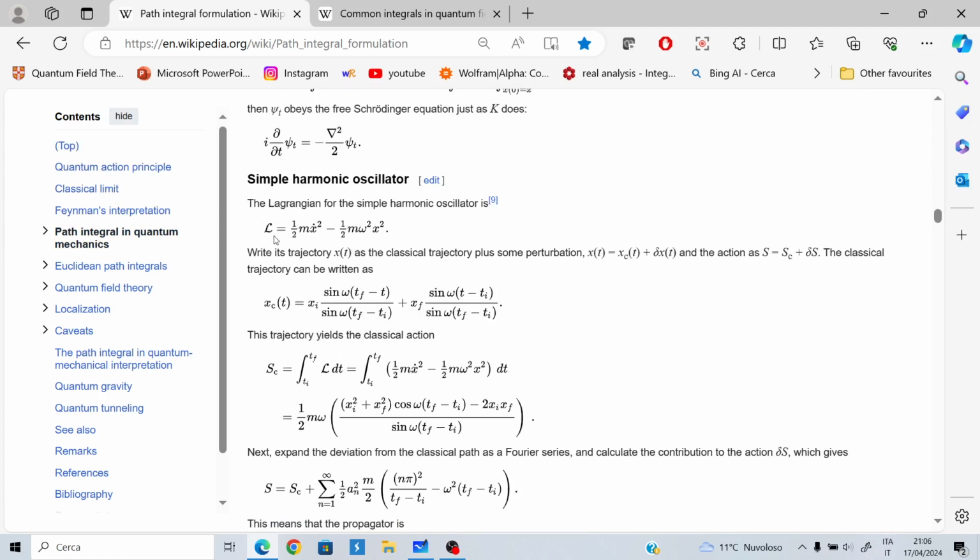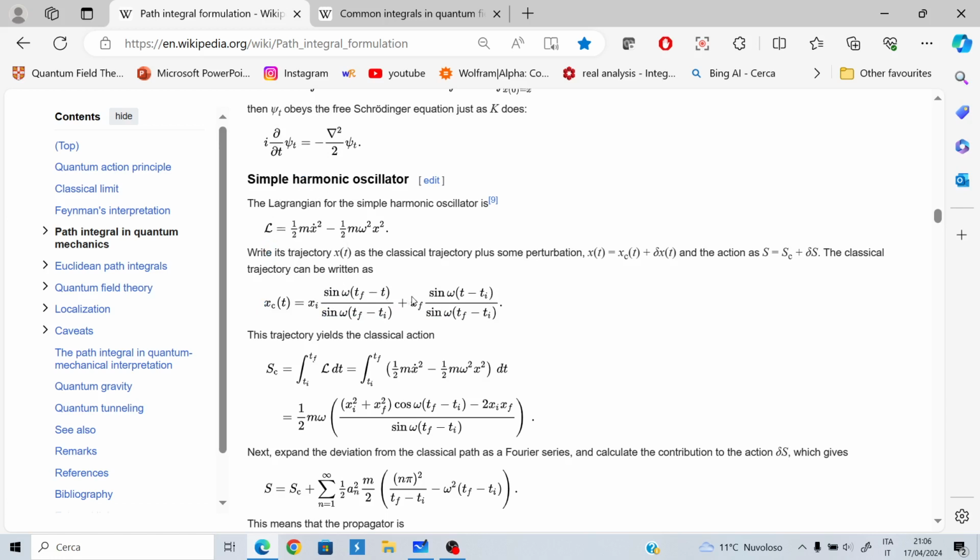Once you write down the Lagrangian, of course, you can also write down the equations of motion, and in principle you can solve them, but the solution is not complicated. I mean, the classical solution. One way to write it is this one that I'm trying to highlight. You can see that we have a sum of two sinusoids.